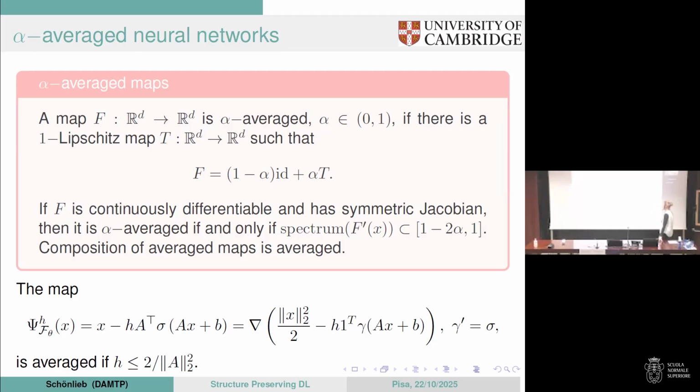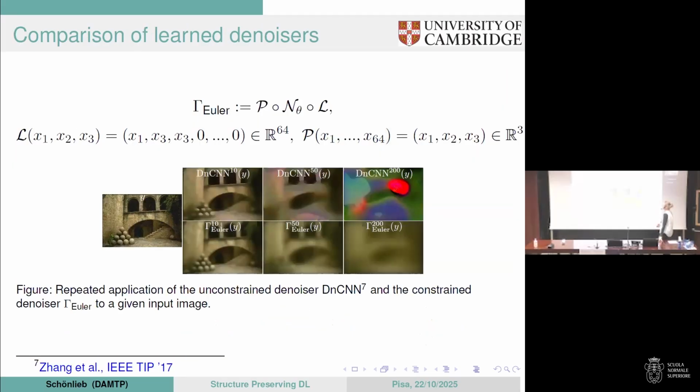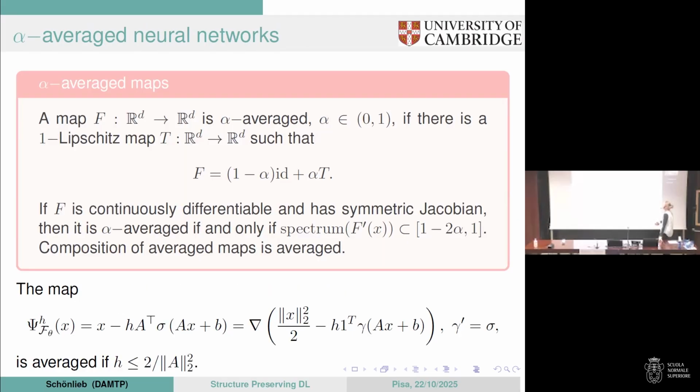So this is quite simple. It's a combination of one Lipschitz with additional properties. One Lipschitzness wouldn't be enough to have convergence to a fixed point, so it's stronger, but it's weaker than having contractivity, for instance.